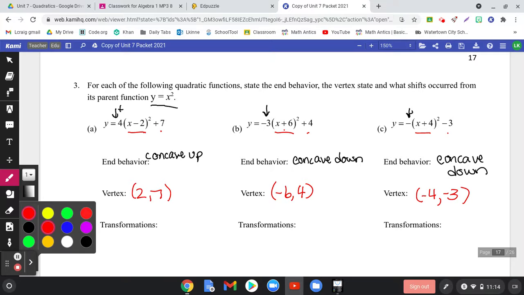And what's the shift going on here, the transformation? It's going to go to the right 2, up 7. Left 6, up 4. This one's going to go left 4, down 3.